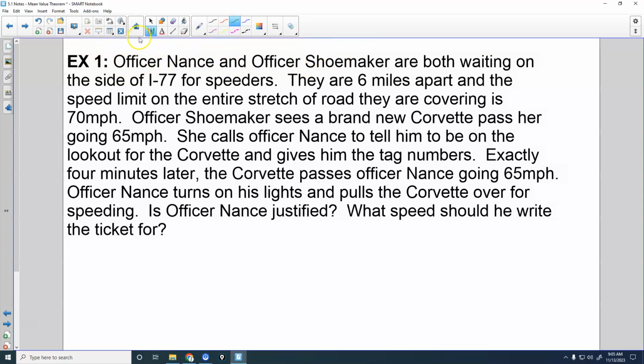All right, so Officer Nance and Officer Shoemaker are both waiting on the side of I-77 for speeders. They are 6 miles apart, and the speed limit on the entire stretch of road they are covering is 70 miles per hour. They are exactly 6 miles apart, and they can prove it. Officer Shoemaker sees a brand new Corvette pass her going 65 miles per hour.